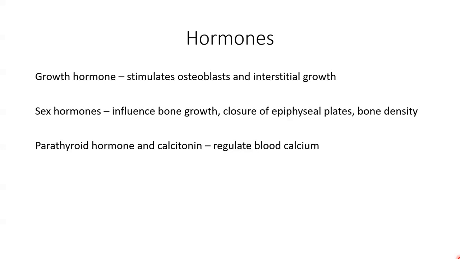The sex hormones include estrogen and testosterone, which are primarily produced by the ovaries and the testes respectively. These hormones are responsible for the increased osteoblast activity and the production of the bone extracellular matrix that causes the sudden growth spurt that we see in the teenage years. Sex hormones are also responsible for the closure of growth plates at the end of adolescence.